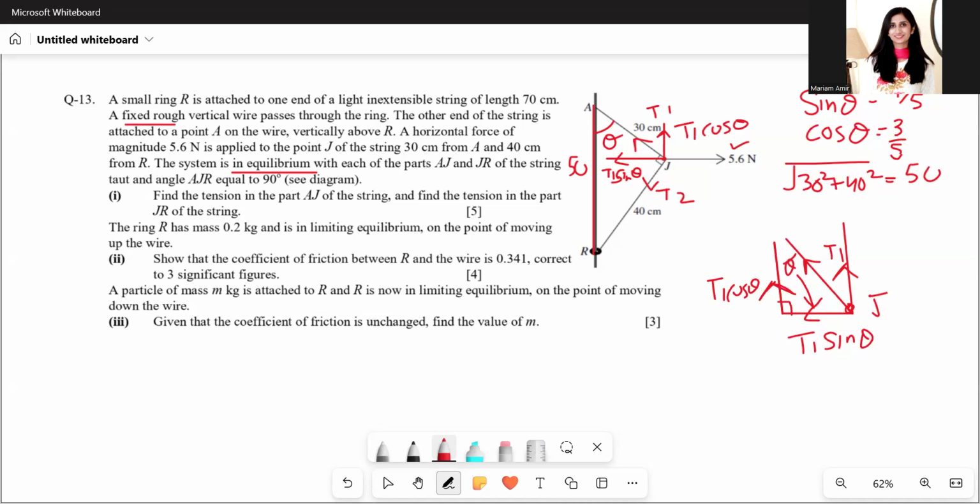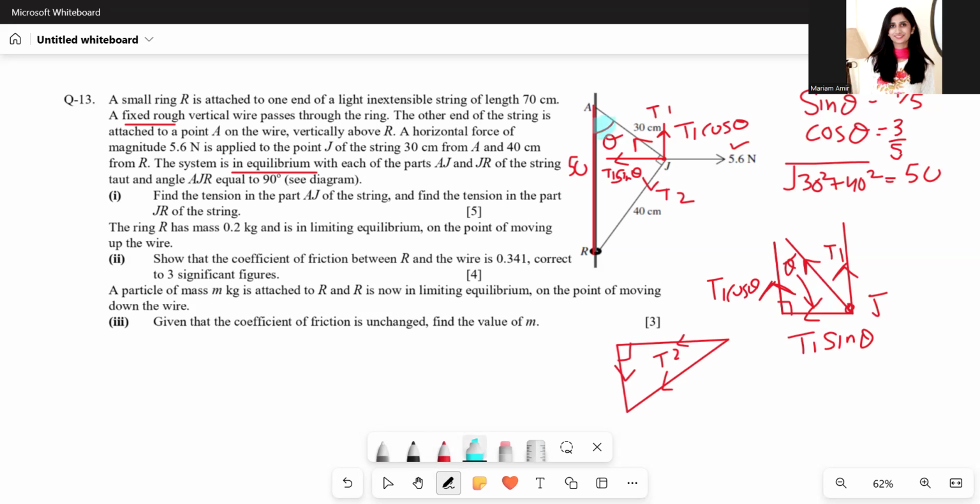Similarly, let's take a look at T2. If I make a triangle like this, do I have this theta in this triangle? Let's see.